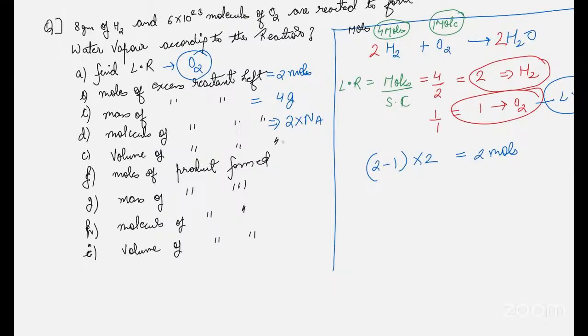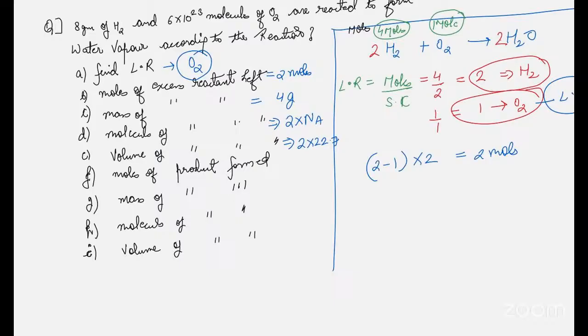You are very sharp in that. Now, what is the volume? Volume at STP: 1 mole is equal to 22.7. So you multiply with 22.7, it becomes 45.4.